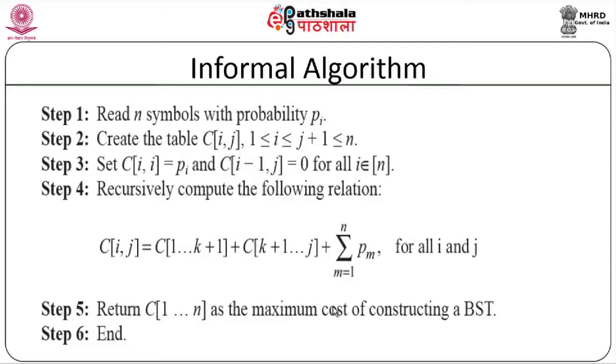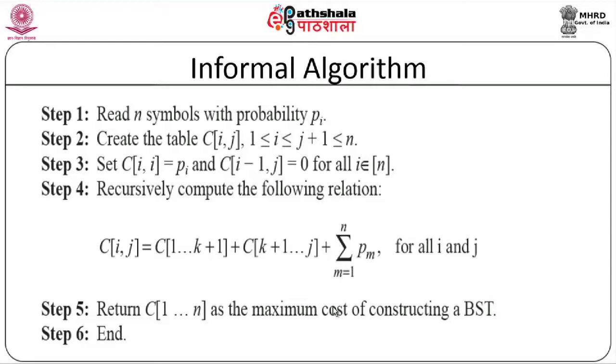Step 1: we read n symbols, and all symbols are associated with a probability p of i. As I said earlier, as in dynamic programming, we are going to construct a table C of i comma j, where every entry illustrates the minimum cost required to compute that particular BST.